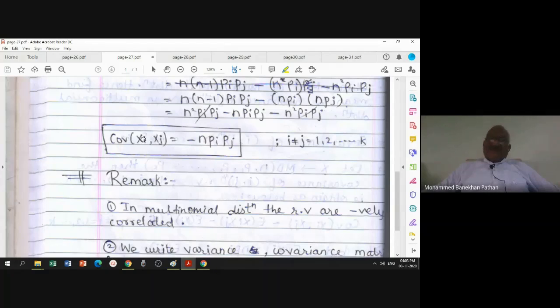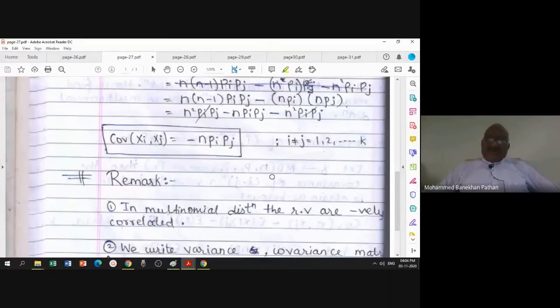That means xi is negatively correlated with xj, and vice versa. More clearly, if xi value is increasing, xj will be decreasing. That is the opposite behavior between xi and xj. That is the interpretation from this negative sign.